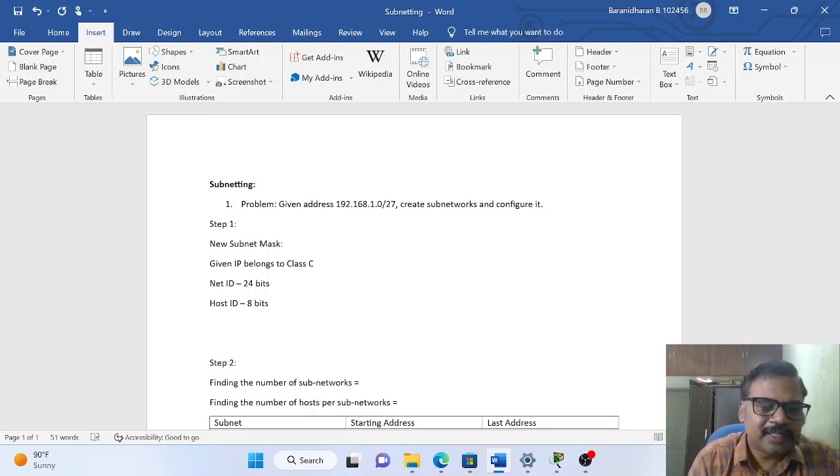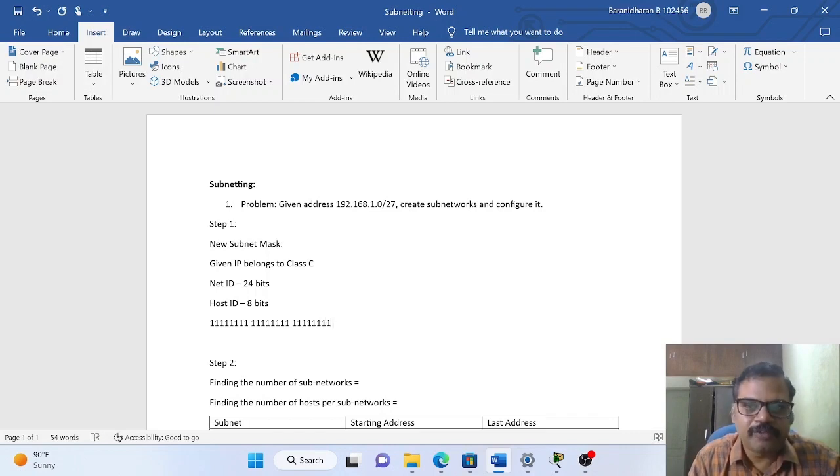To calculate the subnet mask, we enter 1 for the entire net ID length, and for the entire host ID length, we put the value 0. I'm going to do it. 1, 1, 1, 1, 1. First 8 bits 1, the next 8 bits 1, the next 8 bits 1.